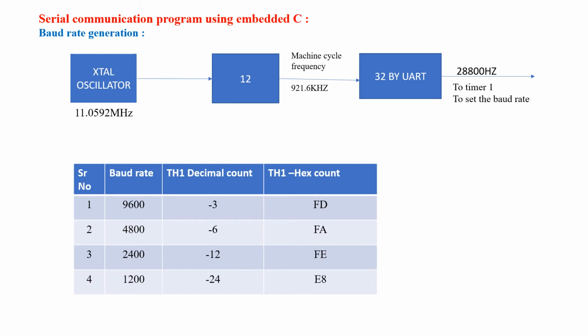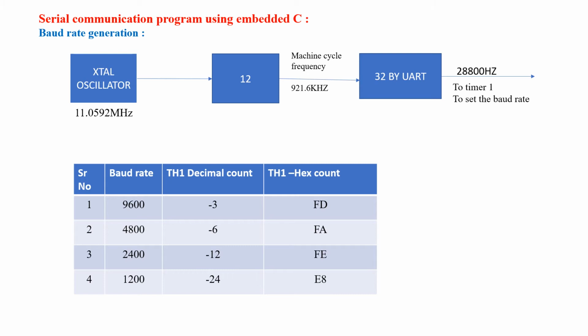This is a decimal count and this is a negative number. So if you calculate the hex format of -3, we will get FD. Okay, so how is it obtained?